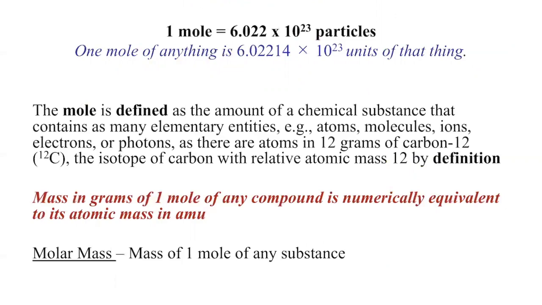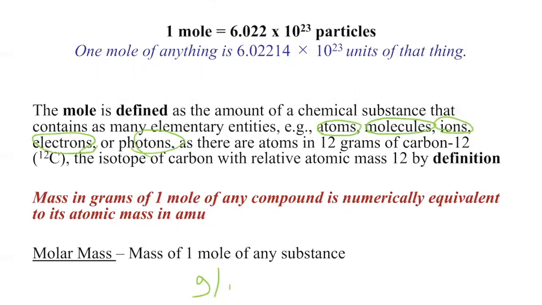The mole is defined as the amount of a chemical substance that contains that many elementary entities. So that number can have a unit of atoms, molecules, ions, electrons, or photons.